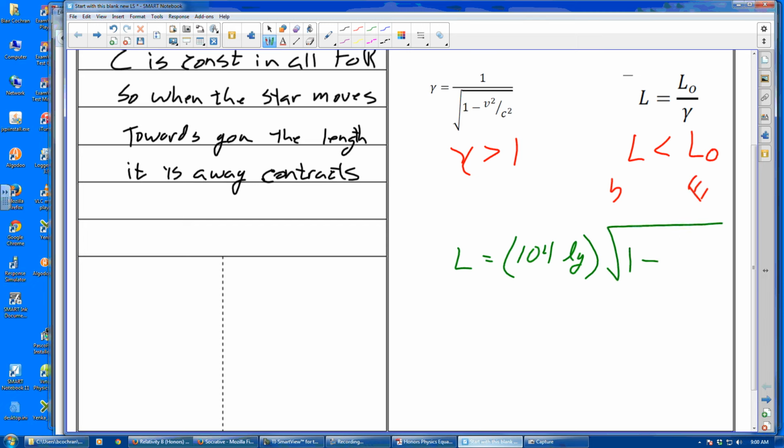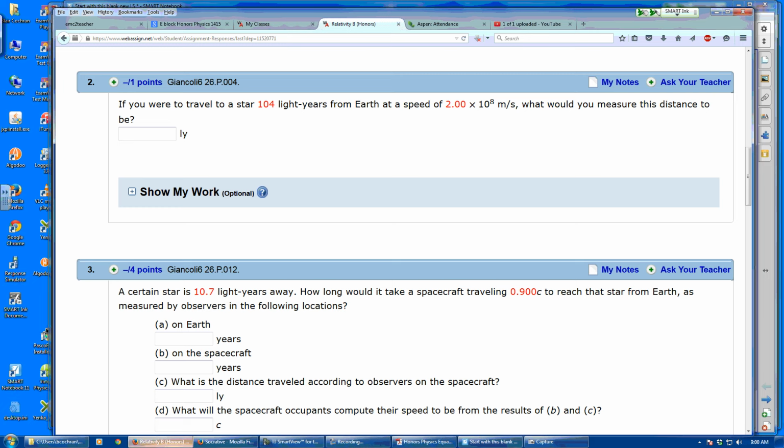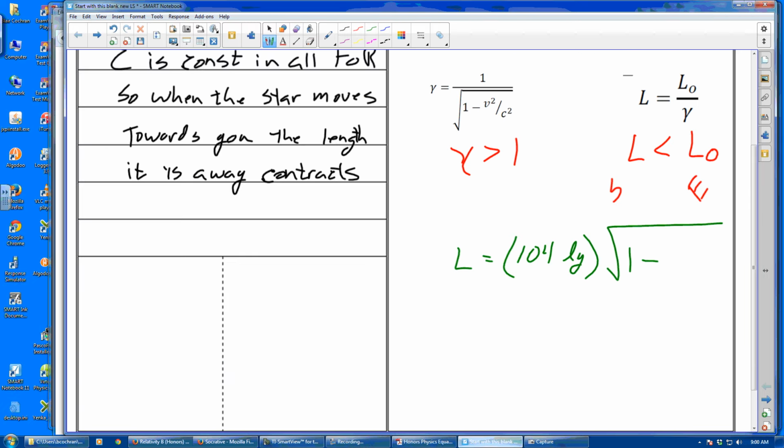So 1 minus your velocity, 2 times 10 to the 8th meters per second, over C, that quantity squared. Solve for L. Let me know if you need help individually on it.